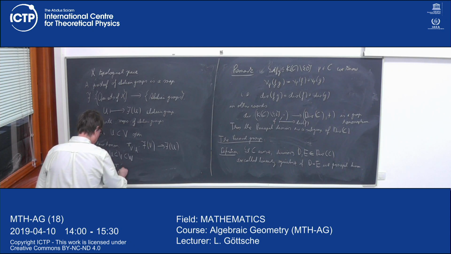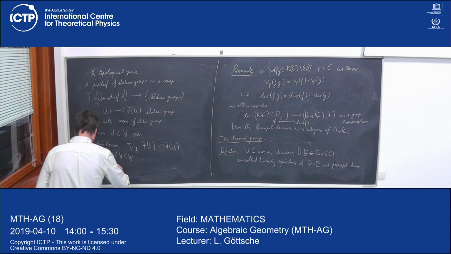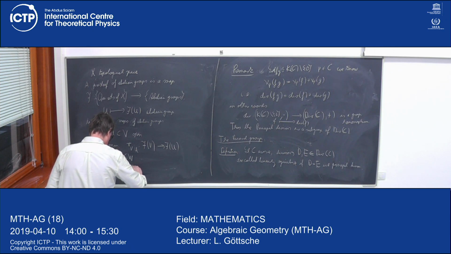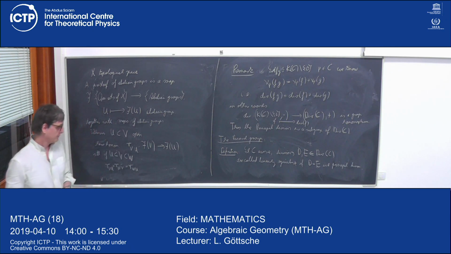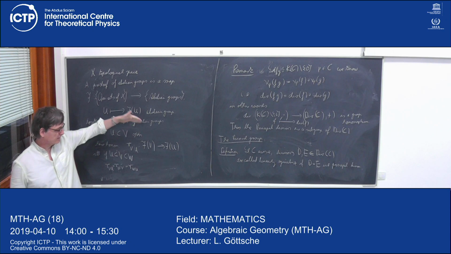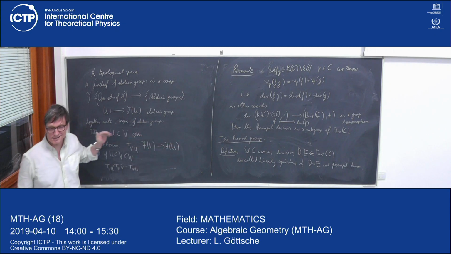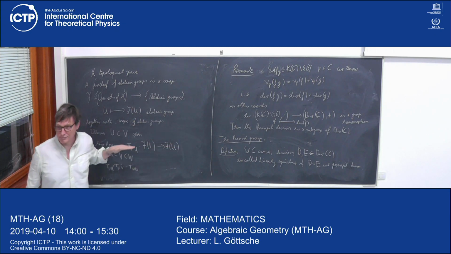If you go from W to V, and from V to U, the composition is equal to the map directly from W to U. It's kind of clear that if it was the actual restriction, this would be trivial. If you take a differentiable function and restrict it from an open subset to a smaller subset, and then to a yet smaller subset, it's the same as restricting in one step.